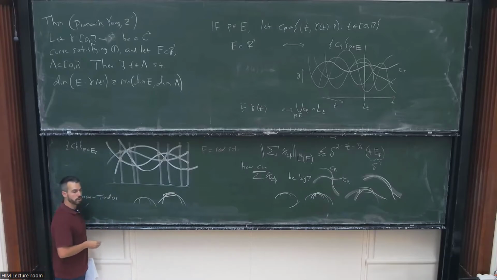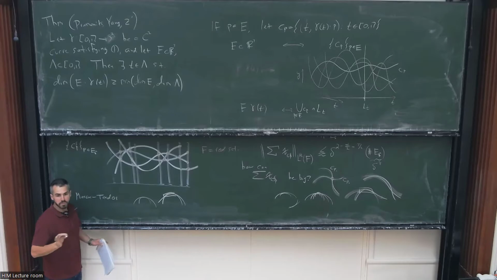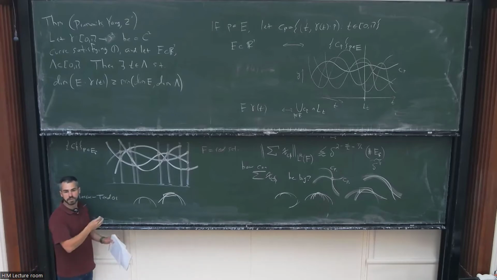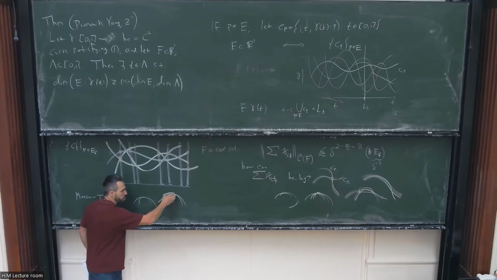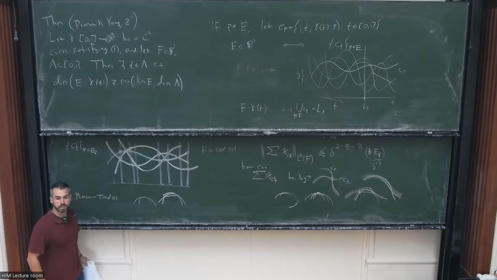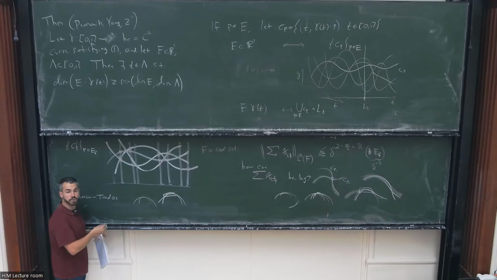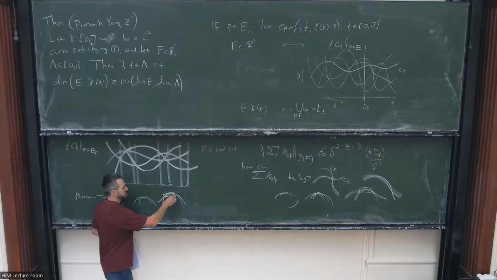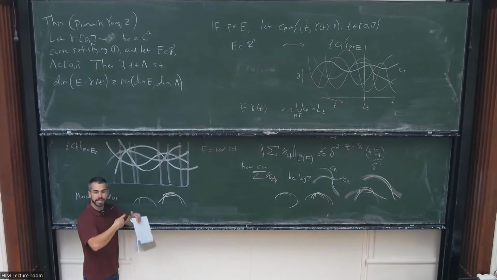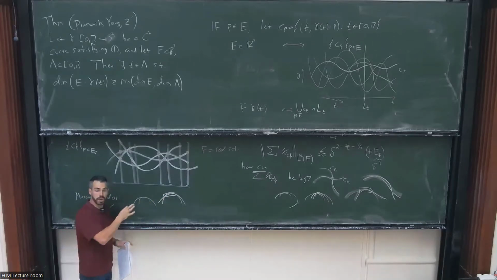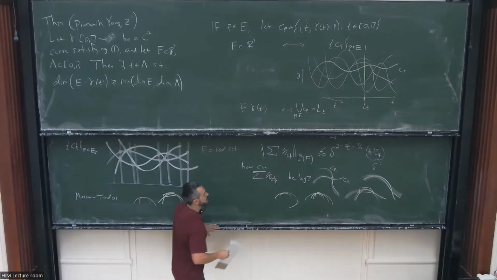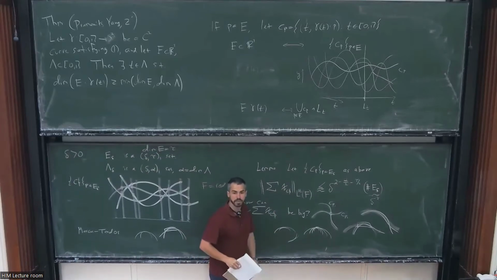And so they were able to show that given some fairly general collection of curves, their curves don't even have to be C2, they're just Jordan arcs, they're able to control the number of times that this picture occurs. And so if you use their result, this gives you some control over the number of regions where you have these badly intersecting curves, and you unwind what they do, and it results in a theorem like this.